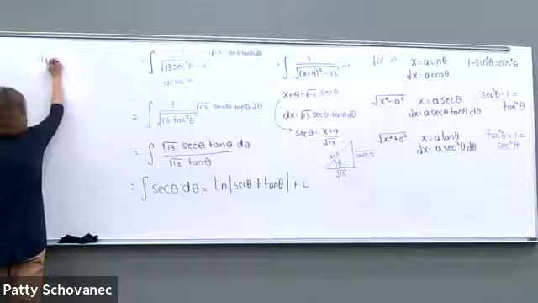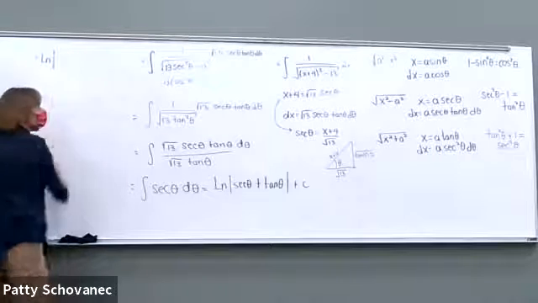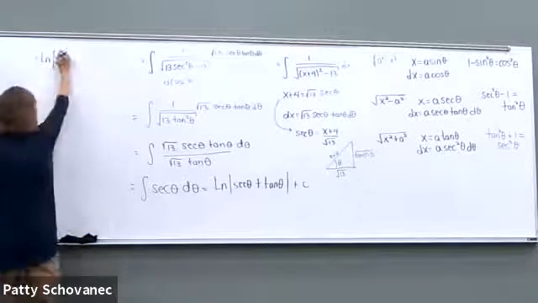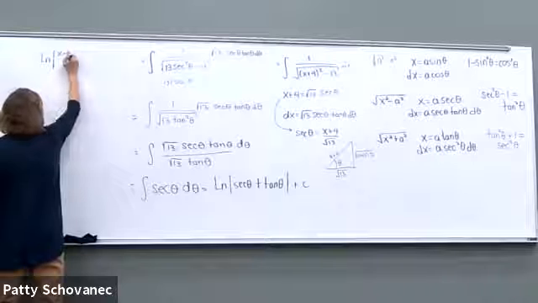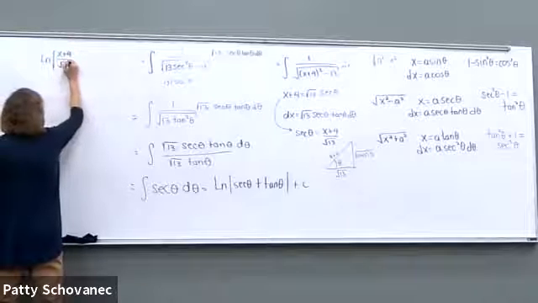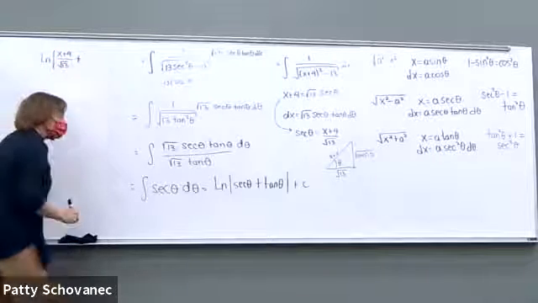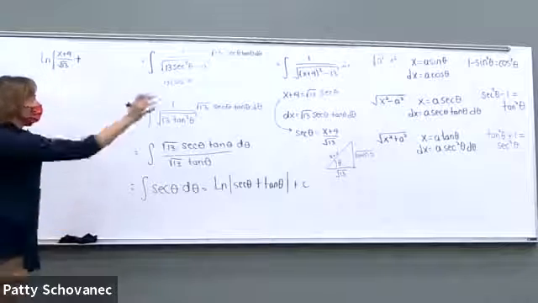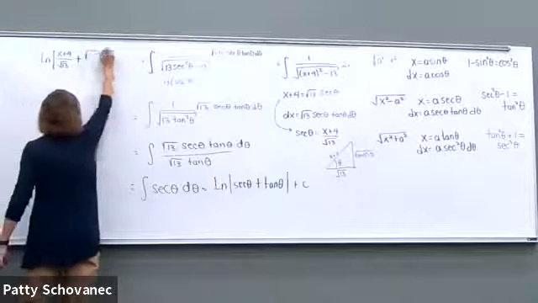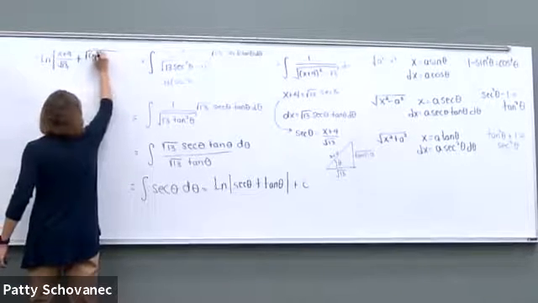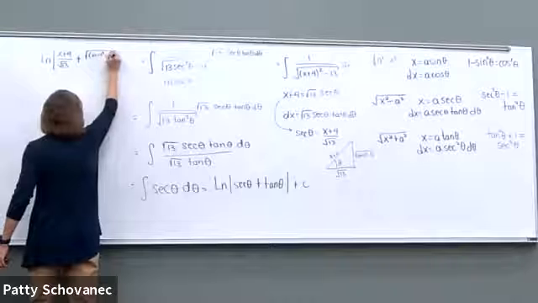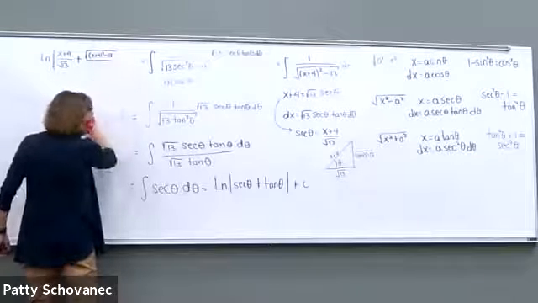We'll have the natural log of, so instead of secant, we put in x plus 4 over radical 13. Plus tangent. Tangent is that square root of x plus 4 squared minus 13, and the adjacent side is square root of 13.